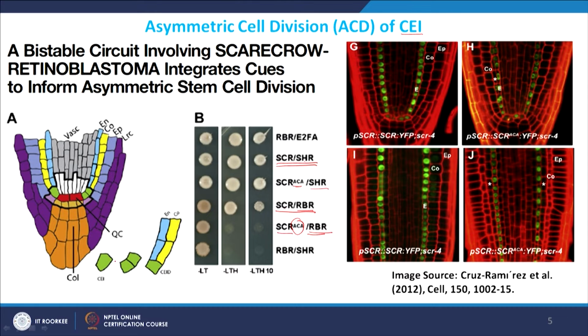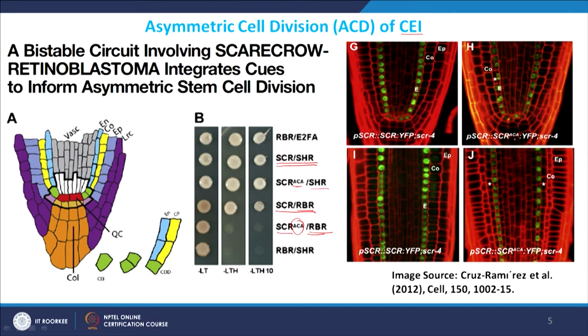This is a schematic diagram which we have already discussed. If you look at this picture, here you have the scarecrow promoter driving the scarecrow YFP fusion protein in the scarecrow 4 mutant background. So, this is basically close to wild type. You have a scarecrow mutant, but this mutant phenotype is complemented by the YFP-fused scarecrow protein.